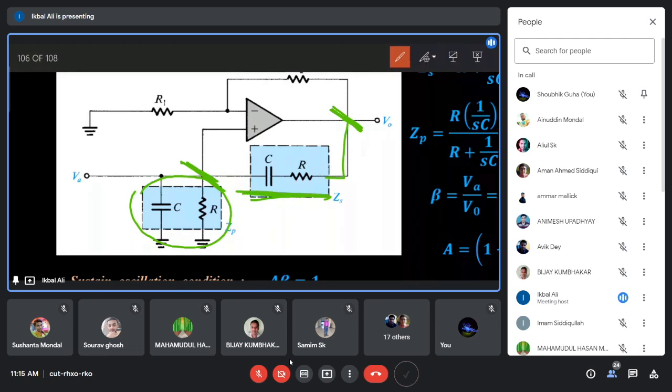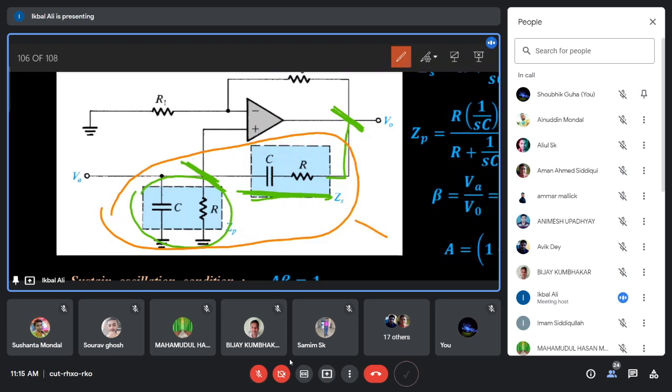You just see that the beta network only has capacitor and resistor. I have said that the beta network is a passive network. Within this network, if you take a close look, you don't have any amplifier.